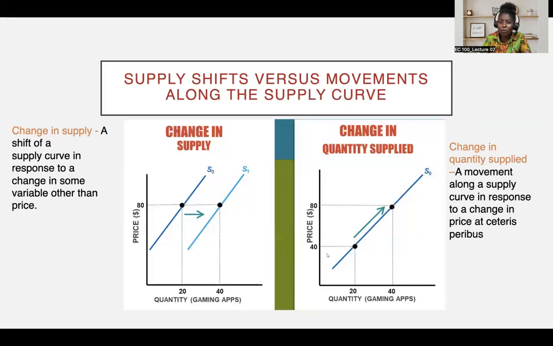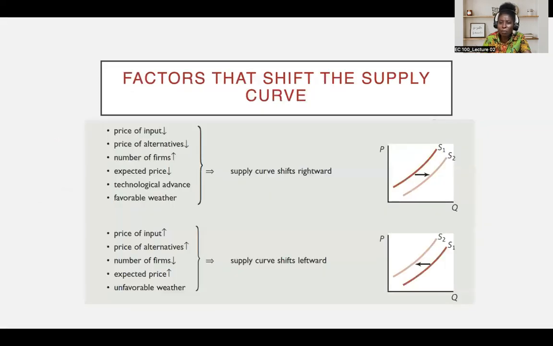That means a lot of firms have increased. So when more firms increase, there's more supply. So the shift will be towards this way. So you need to know, what am I talking about, and what does that cause? Is that a movement along the curve, or the shift? If it's the shift, which direction? Is it towards the rightward, or is it a leftward shift?